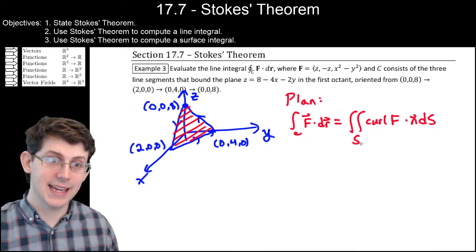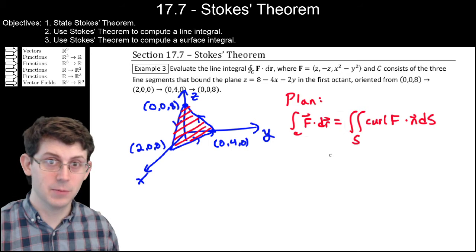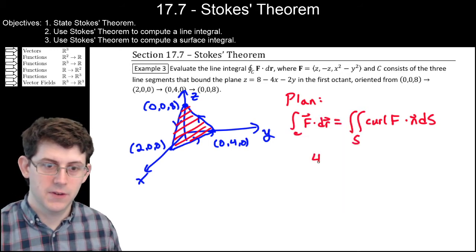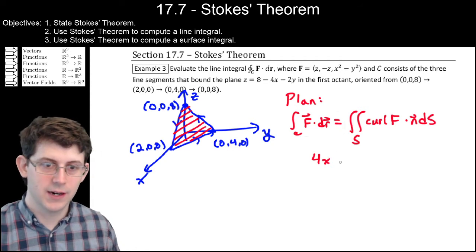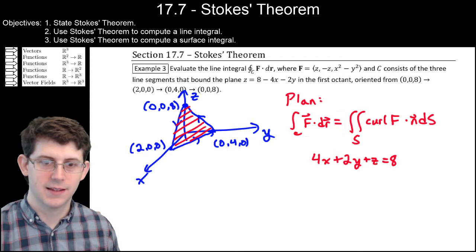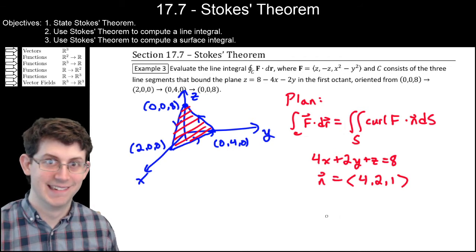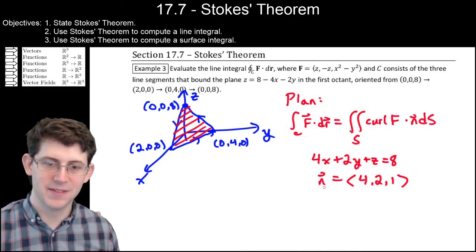It's easy to get a normal vector for a plane. This we did way back in the beginning. If your plane is 4x plus 2y plus z equals 8, the normal vector is 4, 2, 1. Well, this is a normal vector.